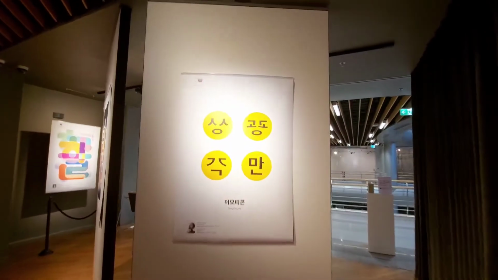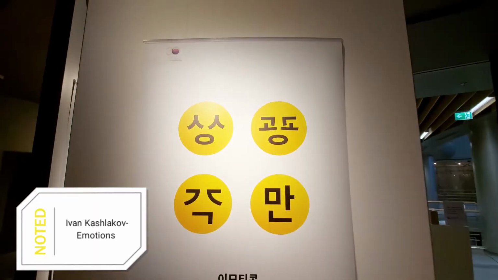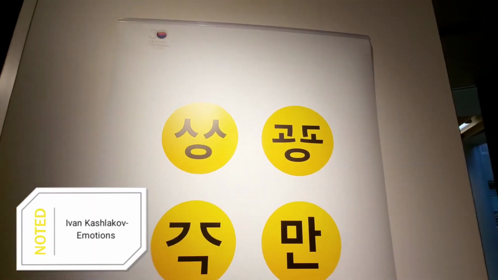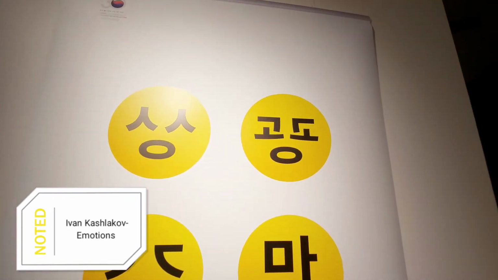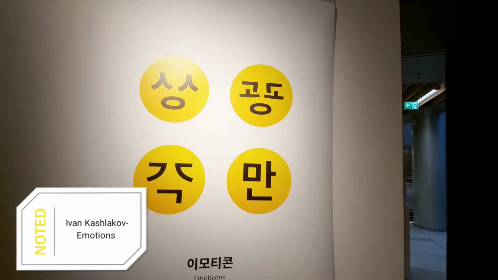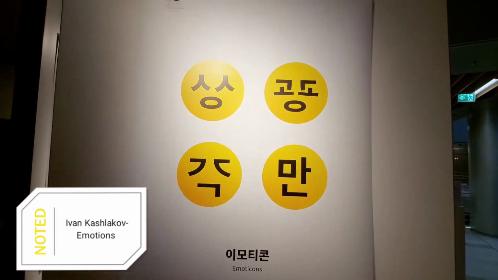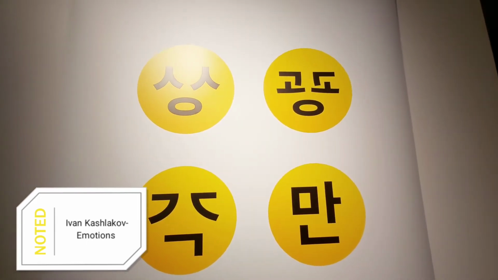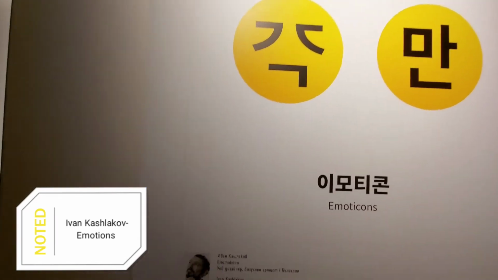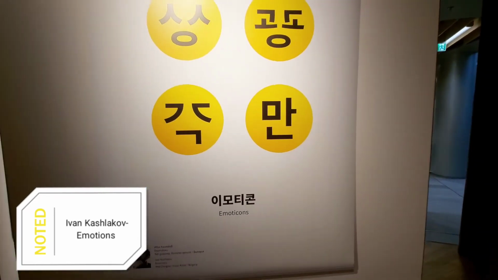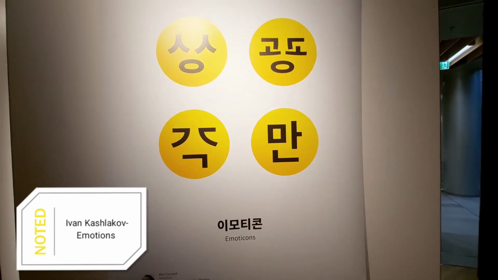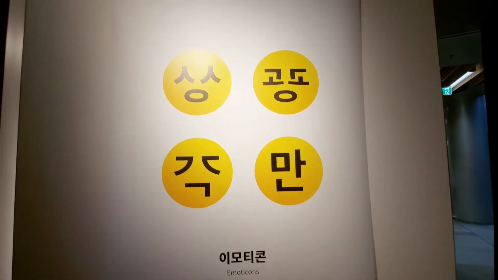Now let's move on to the most interesting and most beautiful ones. I decided to show you this last, because actually this poster here, which is standing in front of us, is made by Ivan Kashlakov. He is Bulgarian, and it is called Emoticons, or in Korean, emoticon.